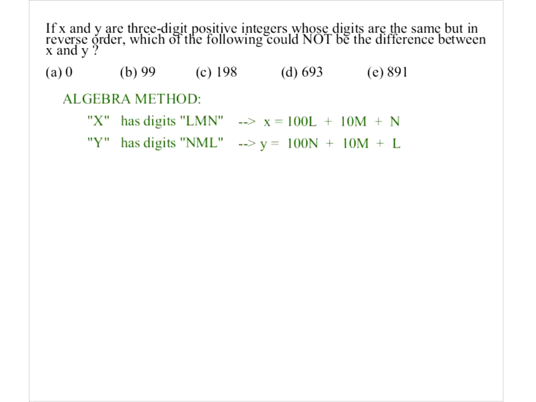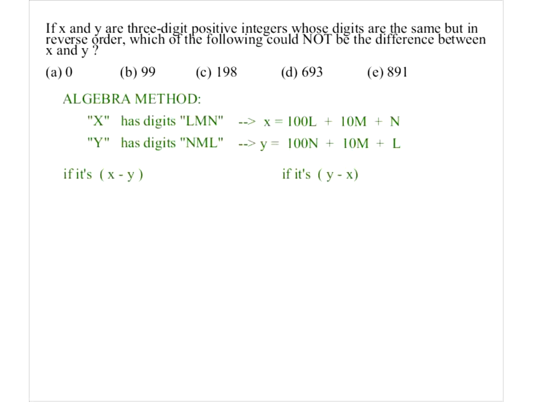So we don't know which way the difference is, if it's X minus Y, or if it's Y minus X. So we'll just work it out both ways because we don't know which way it is.